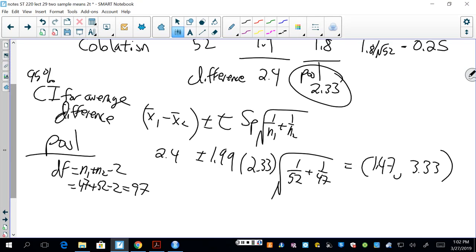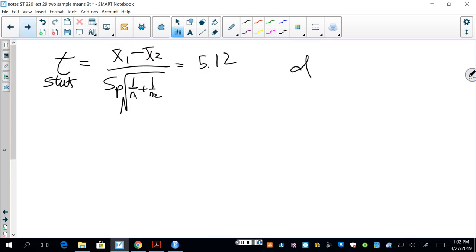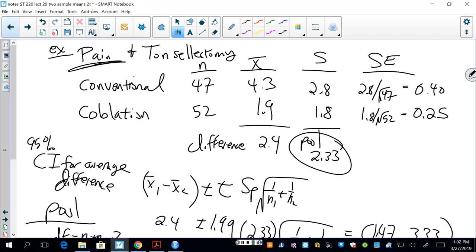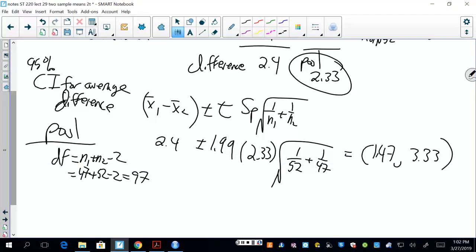So the standard error is something like 0.5 or so, and the difference is 2.4, so it's 2.4 over 0.5. It's a multiple of more than 5. The confidence interval wasn't really close to 0, right? It didn't even come close to being on there. So that's why you get such a big t-statistic.